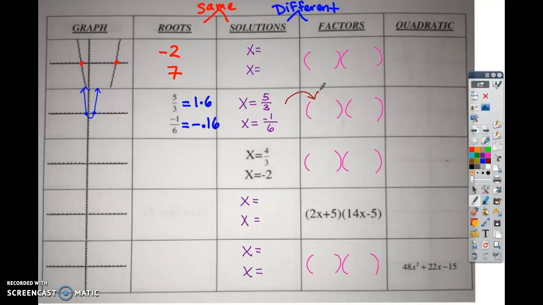Okay, so on the bottom, you can use the whole bottom part to show your work, or you can get another sheet to show your work. So let's go from solutions to factors, and we're doing this one right here. So I have x = 5/3 and x = -1/6.